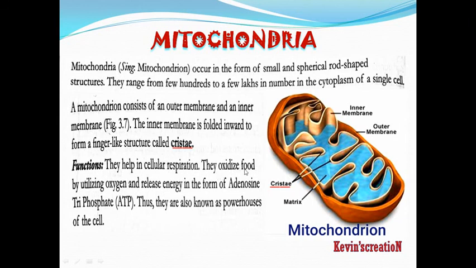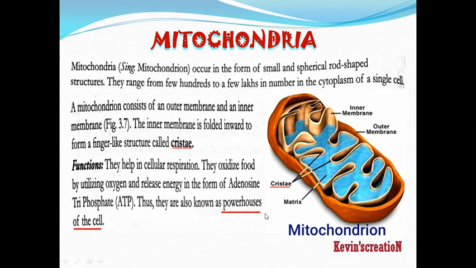They oxidize the food by utilizing oxygen, and then they release energy in the form of ATP, that is adenosine triphosphate, and that is why we call them the powerhouse of the cell. They give power, energy, to the cell. That is why they are also called powerhouses of the cell. So another name you got for mitochondria, which will remind you of mitochondria: powerhouse of the cell.